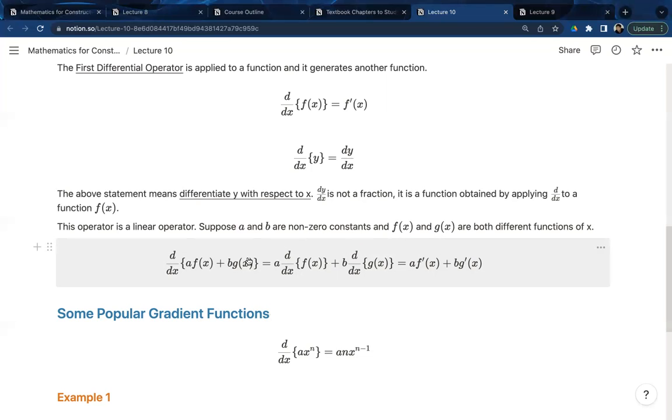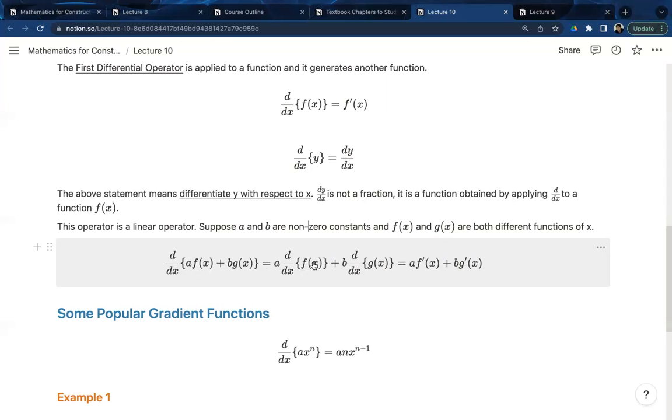So it's a non-zero constant. If you differentiate across the sum, the operator distributes across the sum, you see here? And the constant doesn't affect things. You could actually put the constant outside in front of the operator. So you differentiate f of x, put the a in front of it, and you differentiate g of x, put the b in front of it.